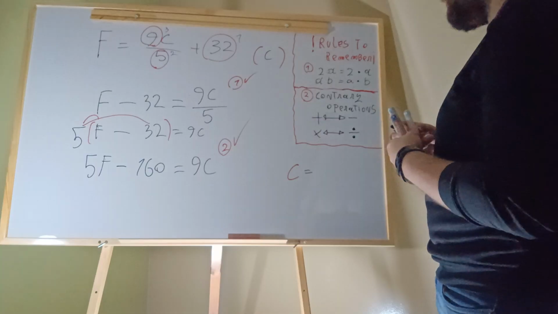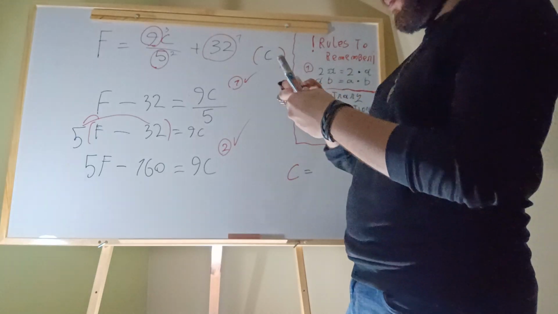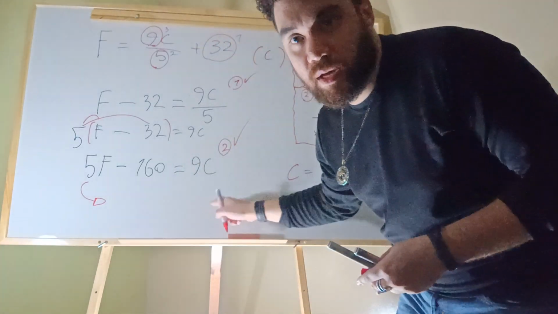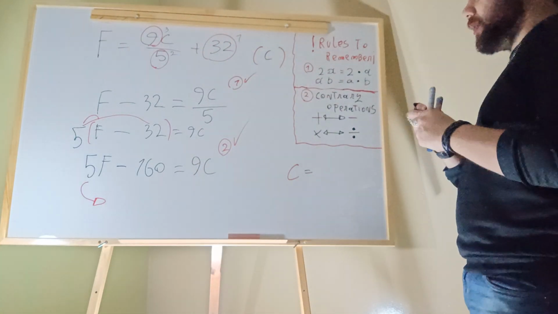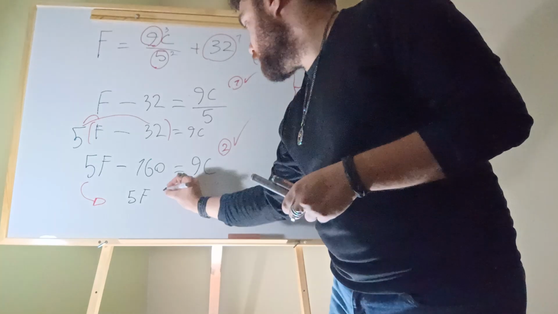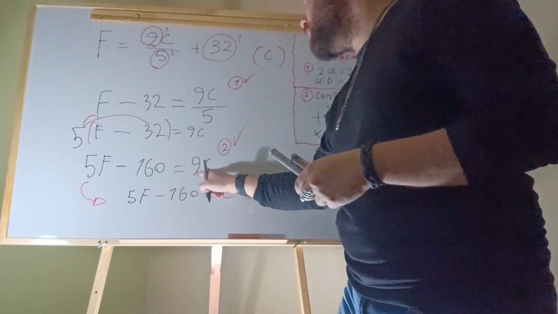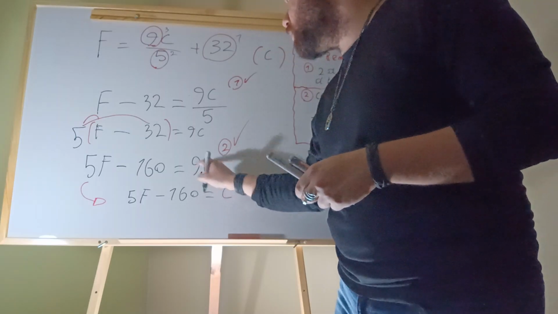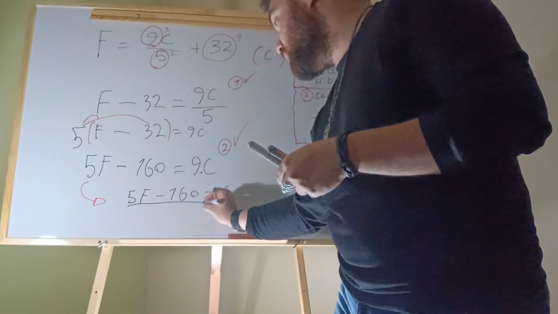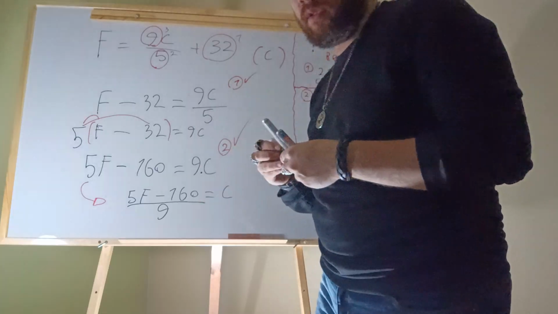So the final form of this exercise will be, I'm going to write it right over here. A little bit low, but you're going to be able to see it. 5f minus 160 equals, see, the 9 is multiplying, so multiplication goes to division, so it would be everything on the other side over 9, sobre 9, dividiendo el 9.